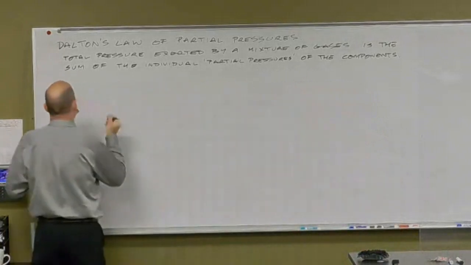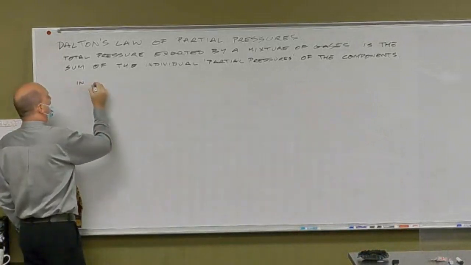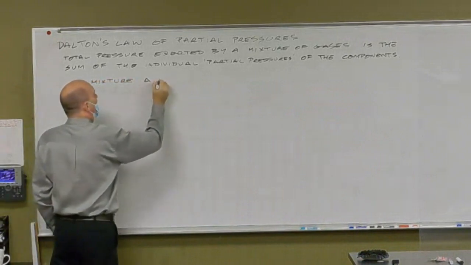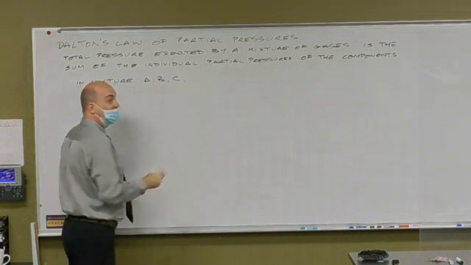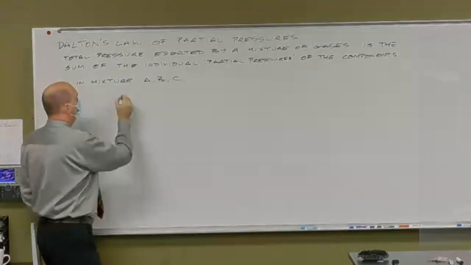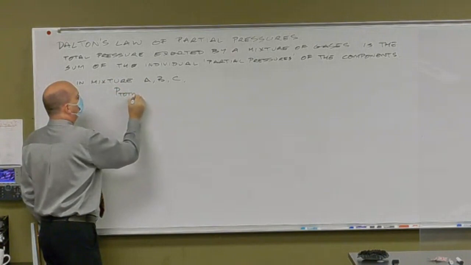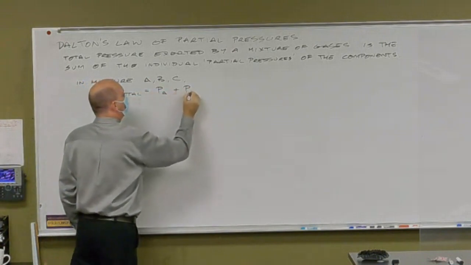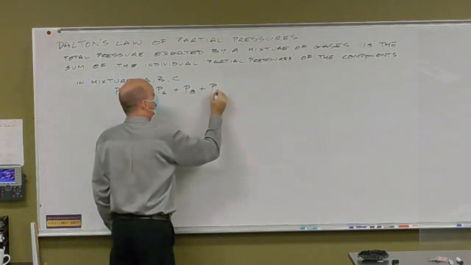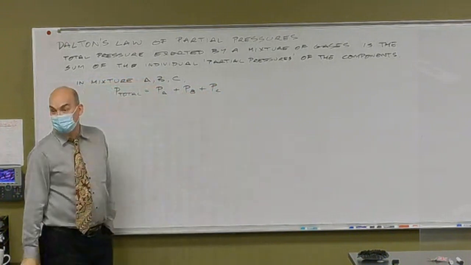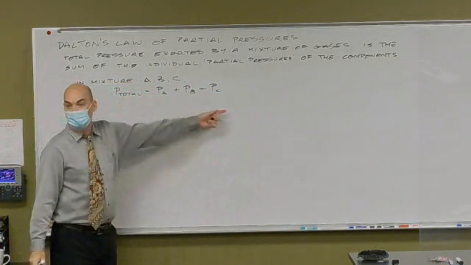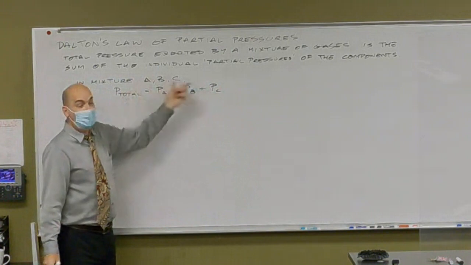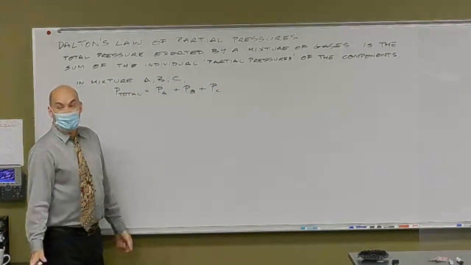So if I had a mixture that was A, B, and C, the total pressure would be equal to the pressure of A plus the pressure of B plus the pressure of C. If I had a fourth gas in there, D, I would be adding the partial pressure of D onto it, okay? So however many components you have, just add them up.